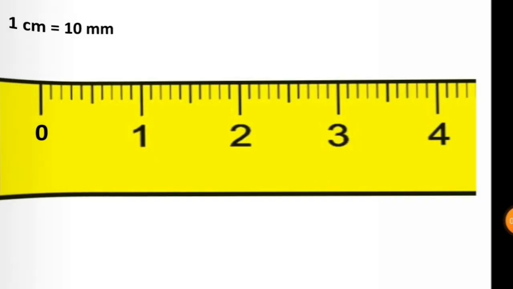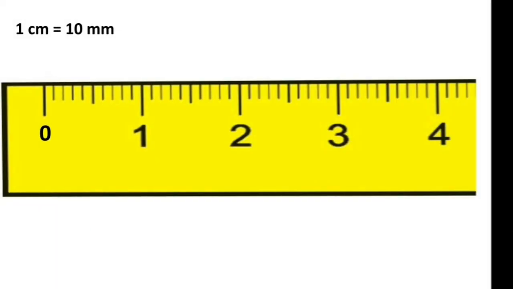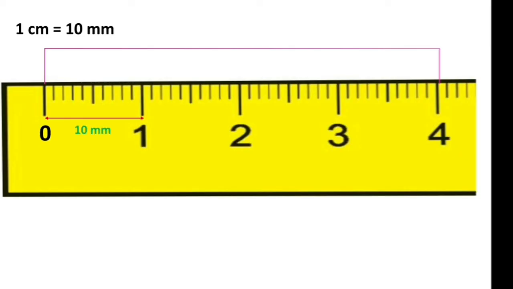So children, let us find out how many millimeters there are in 4 centimeters. As I told you before, each centimeter has 10 millimeters. So the distance between 0 to 1 is 10 millimeters. Then 1 to 2 is 10 millimeters. Then 2 to 3 is 10 millimeters.